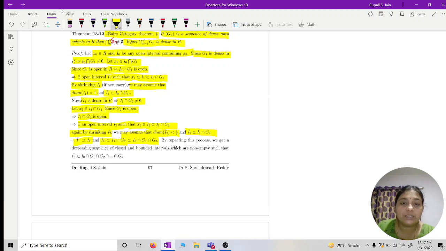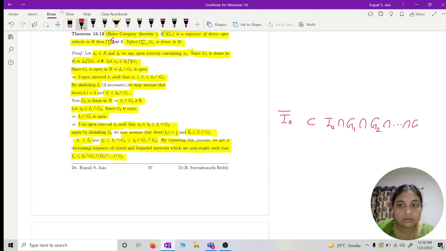So by repeating the same process, we get a decreasing sequence of closed and bounded non-empty intervals such that In closure is contained in I0 intersection G1 intersection G2 up to Gn. Is that okay? In closure is a closed set contained in I0 intersection G1 intersection G2 up to Gn.